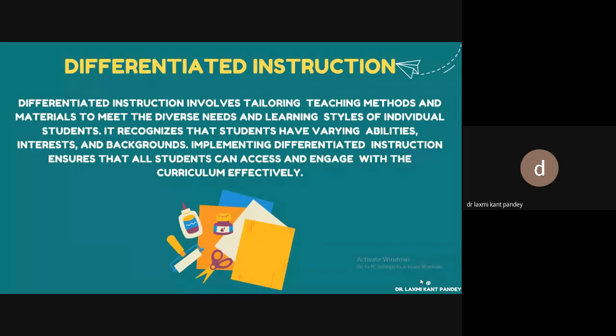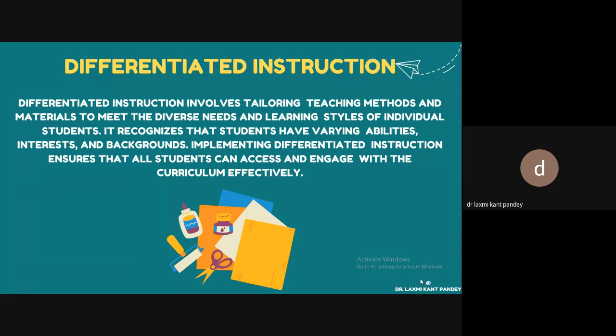Okay, next is called the differentiated instruction method, or the learning method. So basically, differentiated instruction is a process of tailoring lessons to meet each student's individual interest, needs, and strengths.